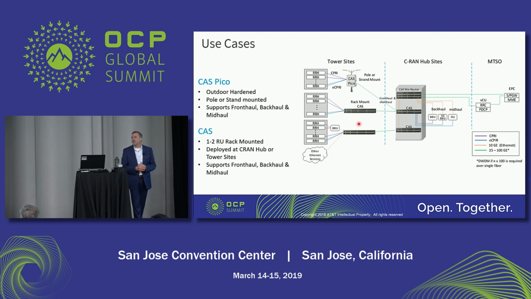Yes? Follow on the first question. I think in one picture you show after your box, and then you go to the BBU or DU, and then go to the cell site gateway, which is going to run layer 3. So you have a layer 3 feature on your box, and then you have another cell site gateway with layer 3. So, you know, it's kind of redundancy or whatever.